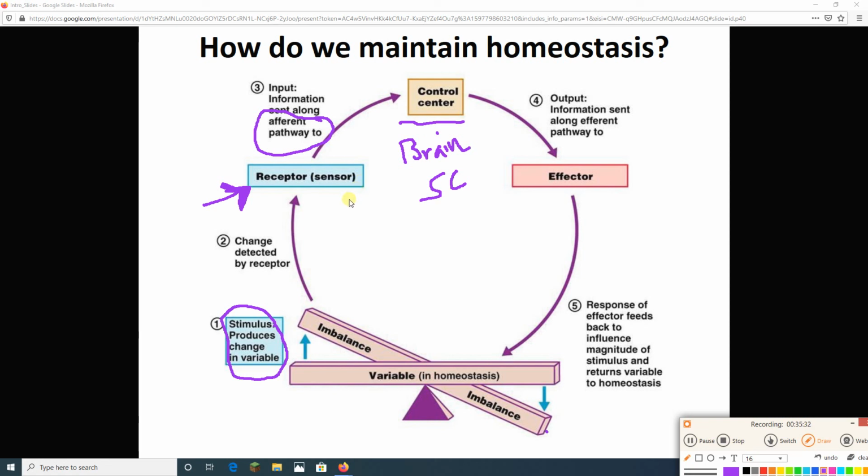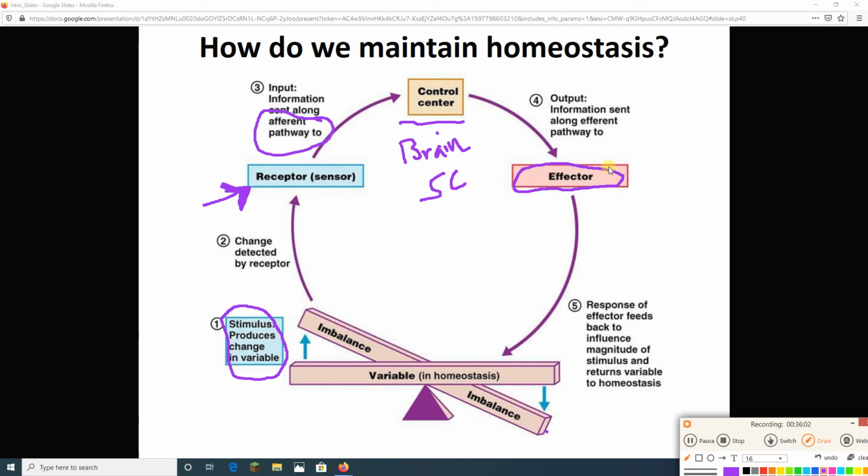If action is necessary, the control center has to talk to an effector. So an organ is going to fix the change. The control center says to the effector, hey, fix this. So if body temperature went down, the control center would tell an organ, hey, make some heat so we can get that body temperature back up.